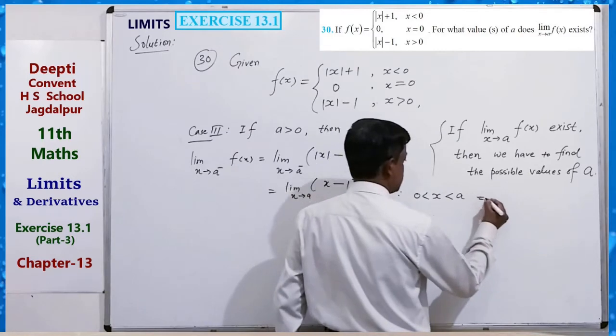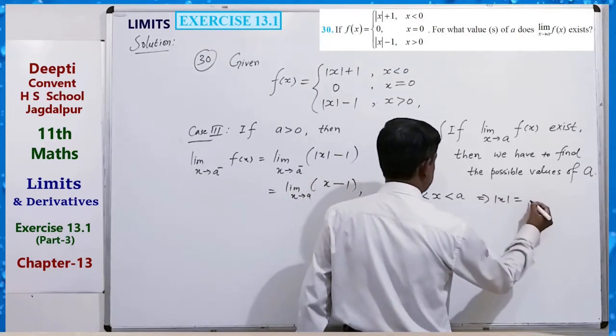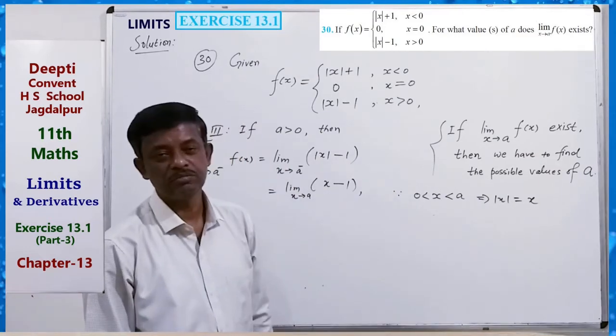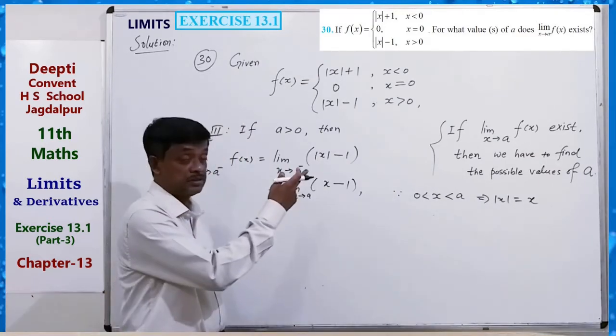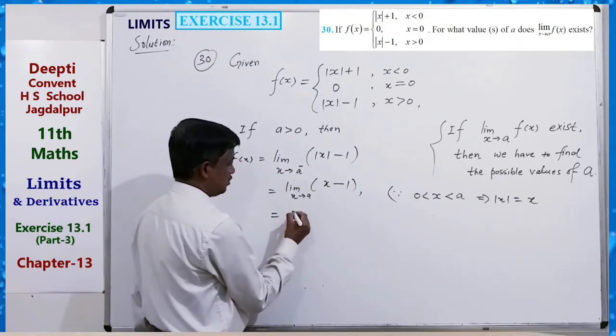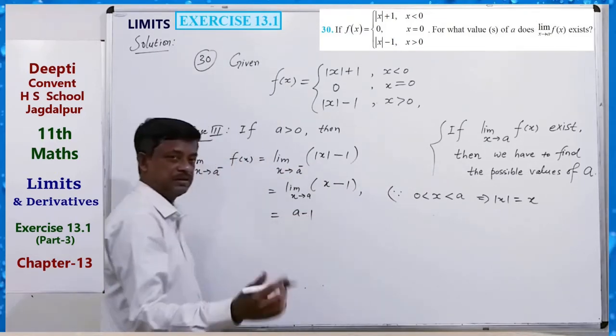This implies mod x equals what? Plus x, because x is greater than 0. So here a minus 1 is the limit.